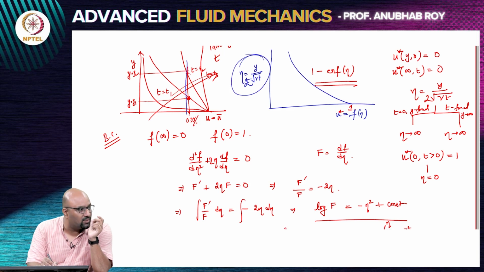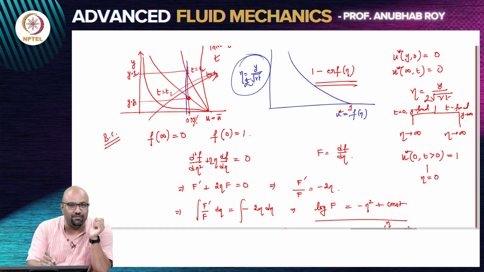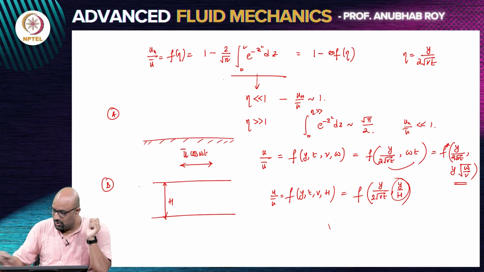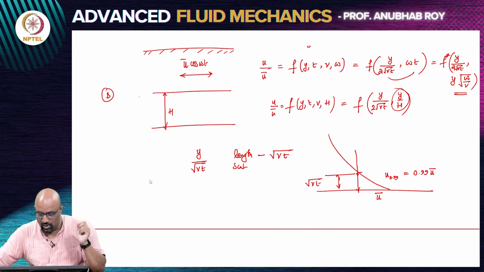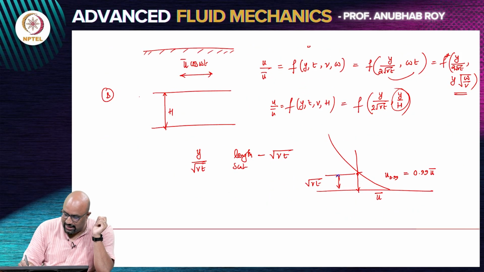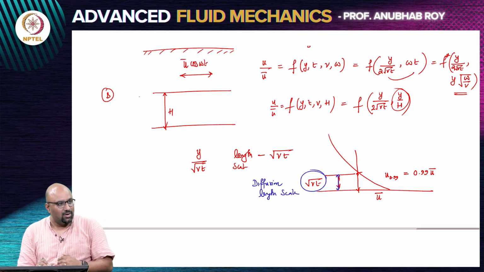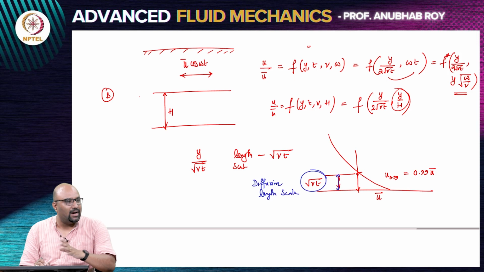So, the location where you get the 99% at initial time is going to go further and further for later time. So, with this you have an understanding that that region is going to grow as square root nu t. So, this is your viscous diffusion length scale. The effects of viscous diffusion are going to be felt over distances that are increasing as square root nu t.